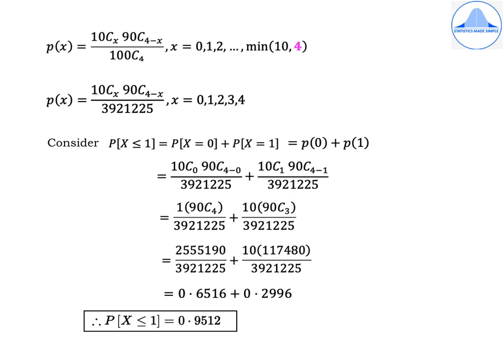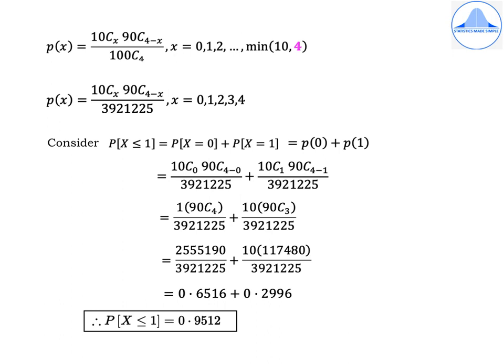Now what do you understand by less than or equal to 1? It means that the values that X takes will be 0 and 1. So you'll get this step as probability of capital X equal to 0 plus probability of X equal to 1, which is equal to P of 0 plus P of 1.